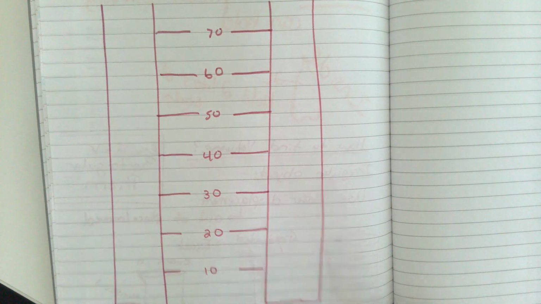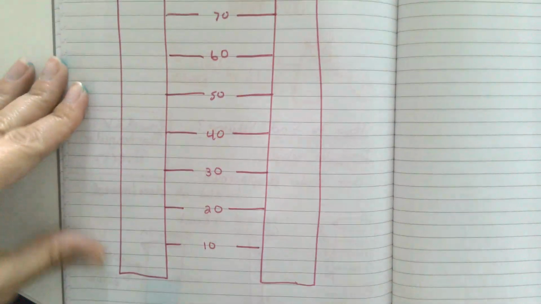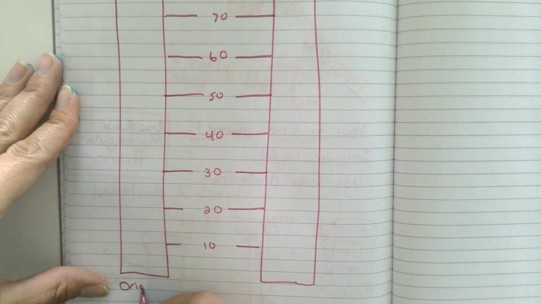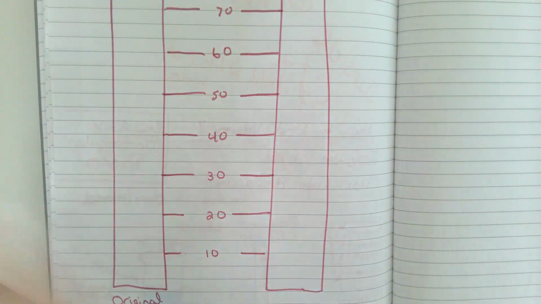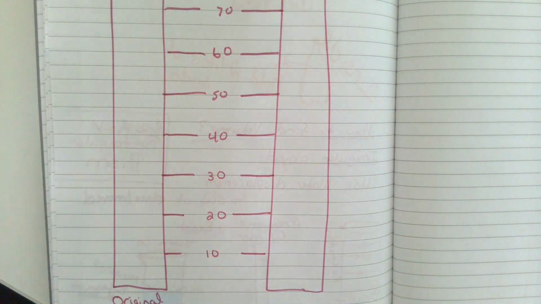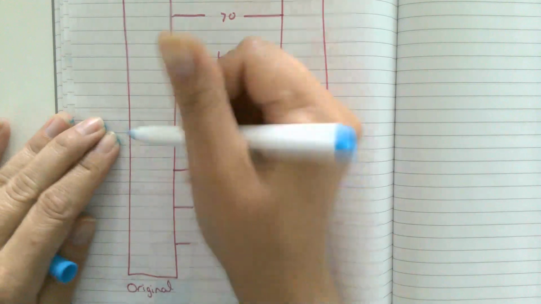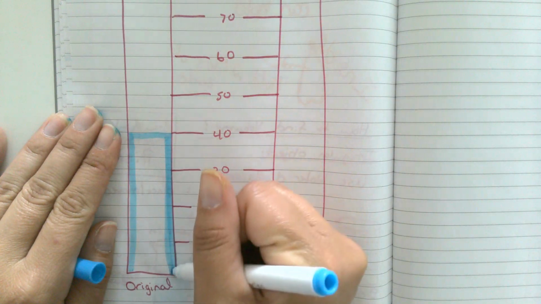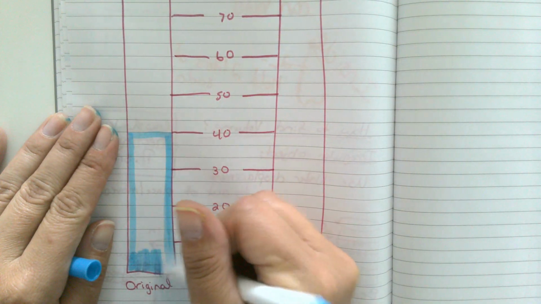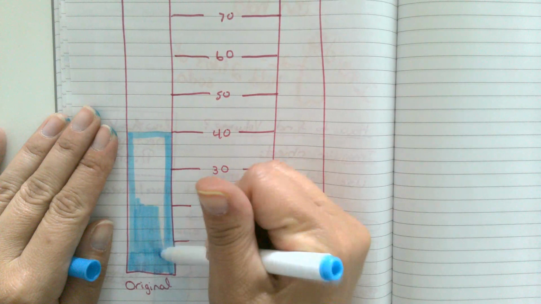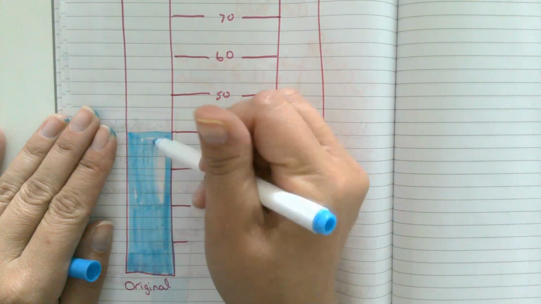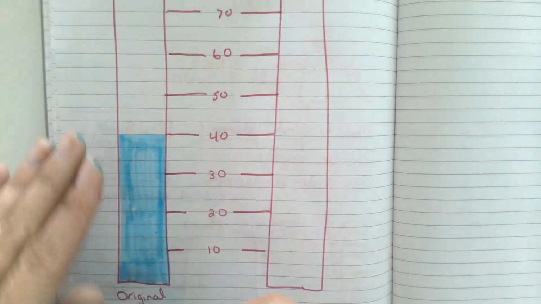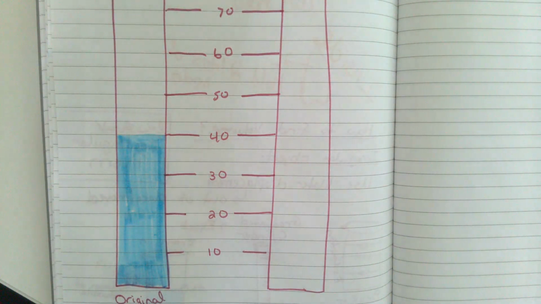So this is our original. We know that the original has, we're going to say, 40 milliliters of water in it. Okay? Now, I'm going to drop the rock in.